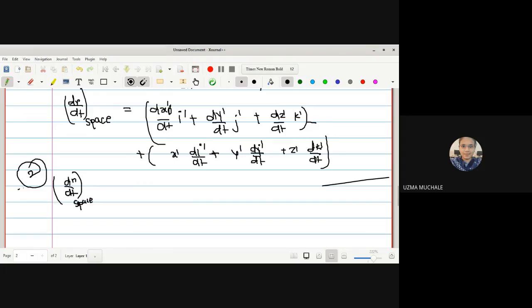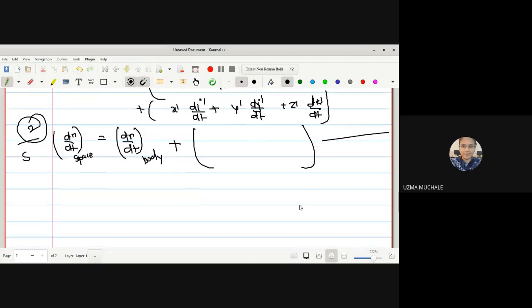Here we have differentiated equation 2 in S, not in S dash, so that's why there will be a change. So we can write it as dr by dt in the body set of axes plus this whole term, the remaining terms x dash di dash by dt, y dash dj dash by dt plus z dash dk dash by dt.